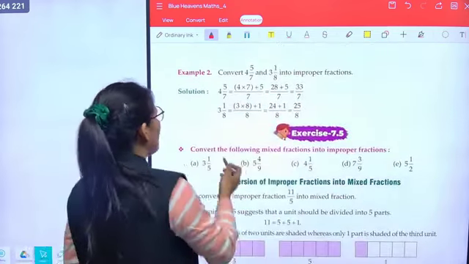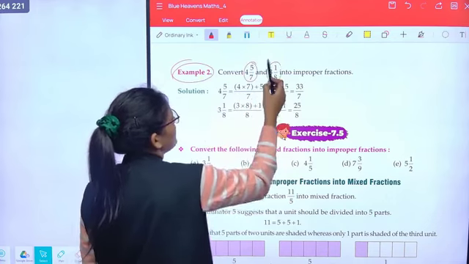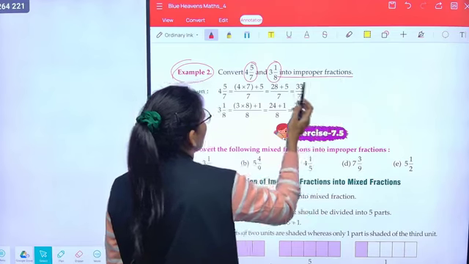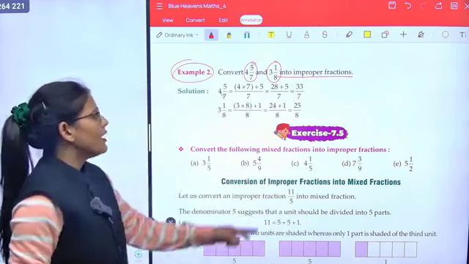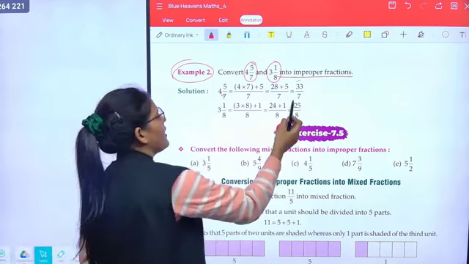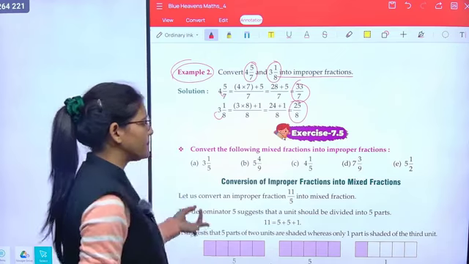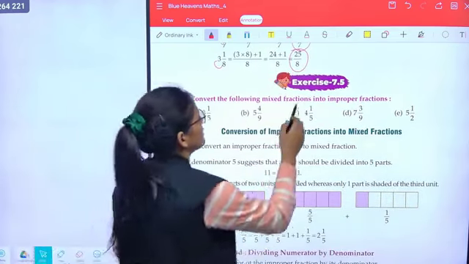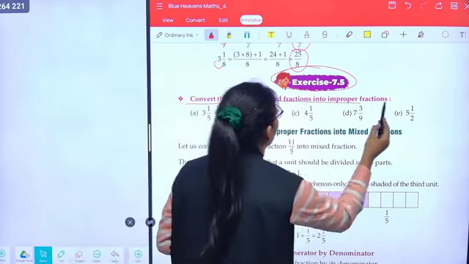Now, example number 2, convert 4 5 by 7 and 3 1 upon 8 into improper fractions. Again, we have to multiply 4 by 7 plus 5, 33 upon 7, and again 8 multiplied by 3 plus 1, 25 upon 8. Come on to exercise 7.5. Now convert the following mixed fractions into improper fractions.